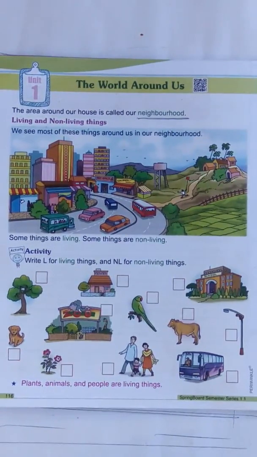Living things need food, water and air to live. Next, living things grow and die.